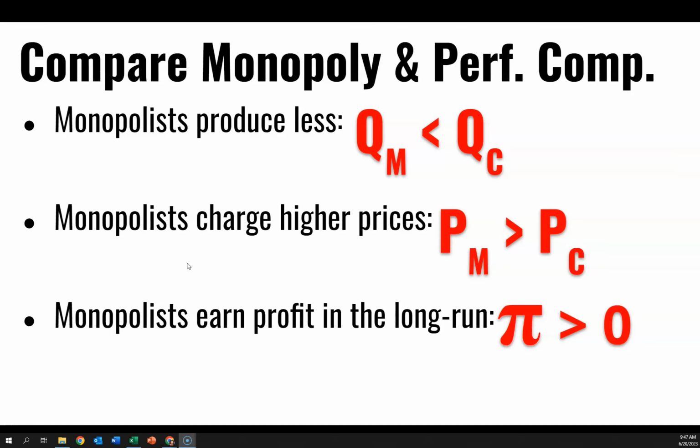Anytime a firm can charge a price greater than marginal cost, they have price setting power. And so monopolists, because of their price setting power, will charge a higher price than what perfectly competitive firms in industry would, because in perfect competition, the firm is stuck with whatever the market price is. We should also know that monopolists will earn an economic profit in the long run.